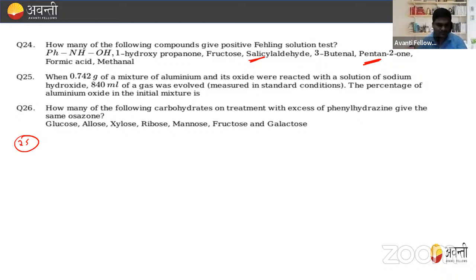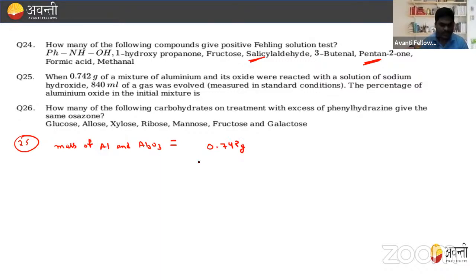We know that the mass of the mixture of aluminum and Al2O3 is already given, that is 0.742 gram.